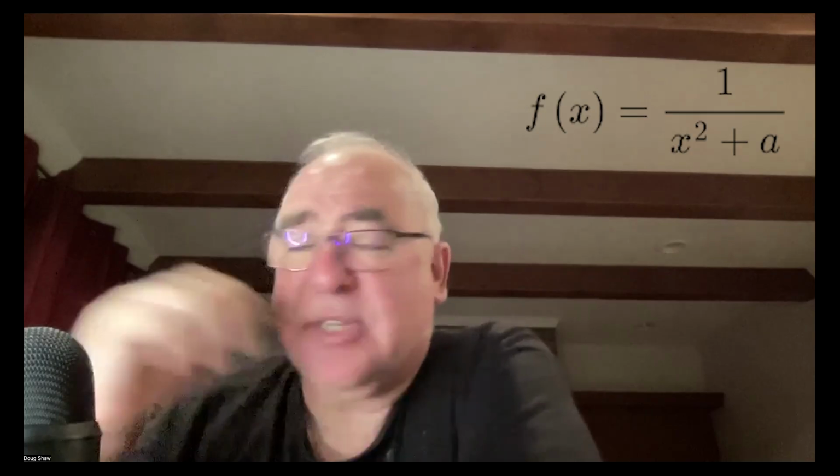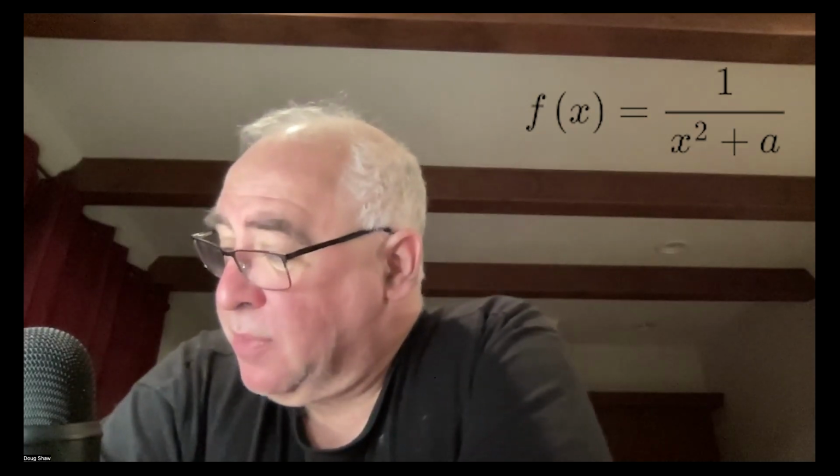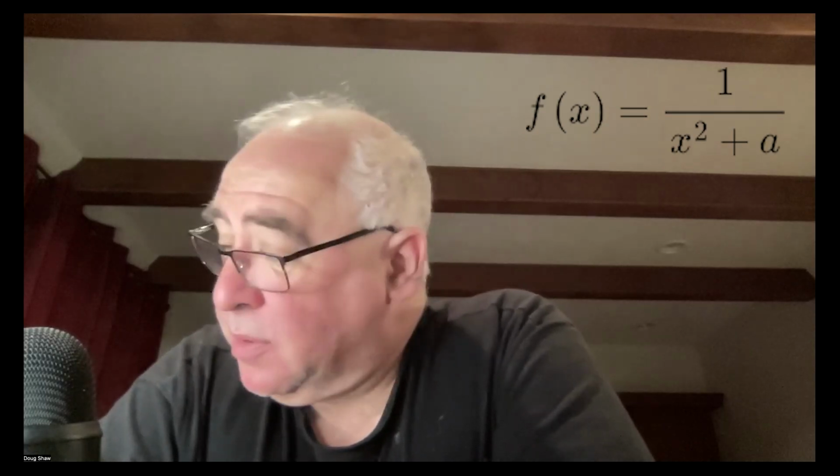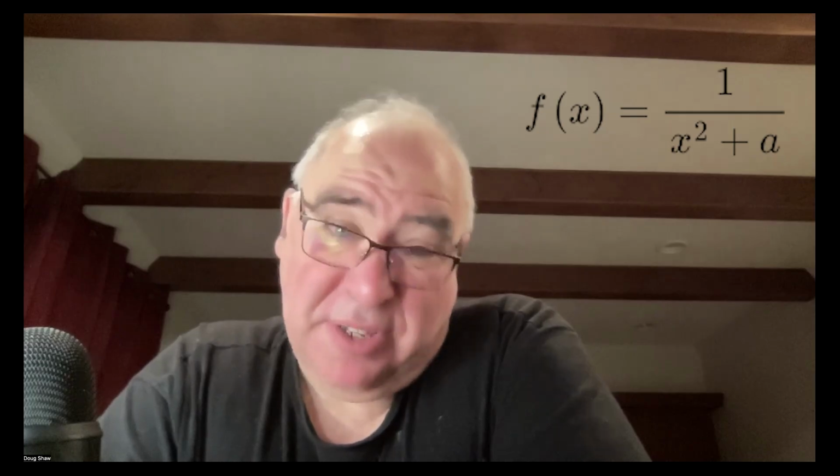So the first thing I could ask is, what does a do? This is a qualitative thing. We're not looking for a number. We're just looking for a sentence. What effect does a have? So what we're going to do is graph this for various values of a. Okay, you can do this on your calculator. I use Desmos. You won't be able to use Desmos on the exam, unfortunately.